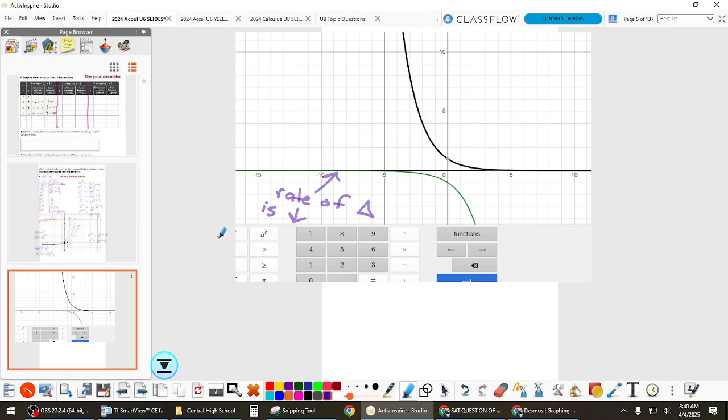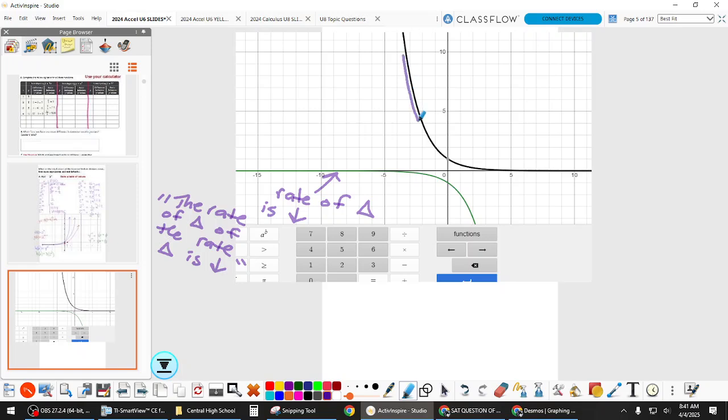So the rate of change of the rate of change is negative. That's how we say what I just wrote. That's so confusing. Yeah. The rate of change of the rate of change is decreasing. The rate of change is getting more negative.